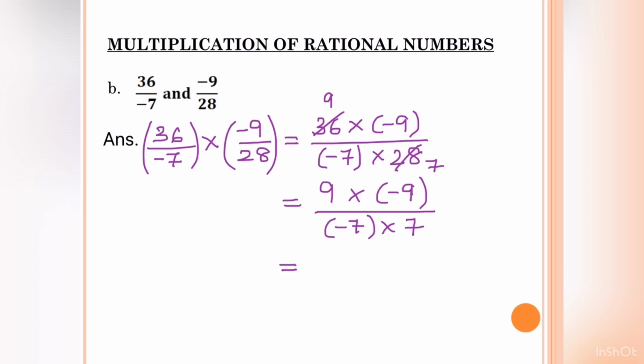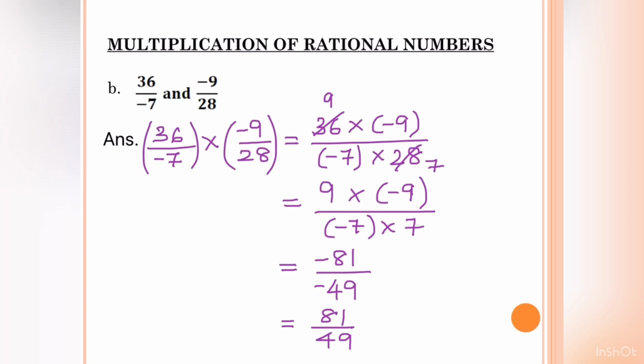In the numerator we have 9 times minus 9, which is equal to minus 81, divided by, in the denominator, minus 7 times 7, which is minus 49. Now in minus 81 by minus 49, both the numerator and denominator have the same signs. Therefore, it is a positive rational number. This is equal to 81 by 49.